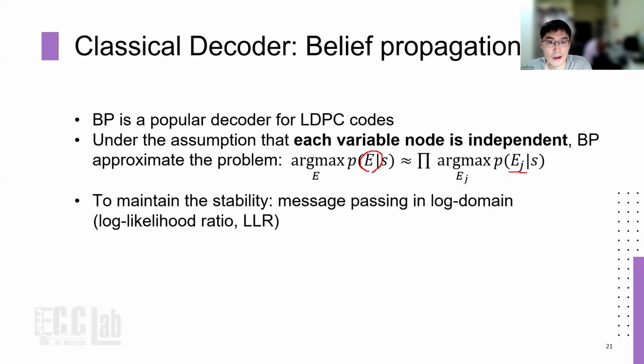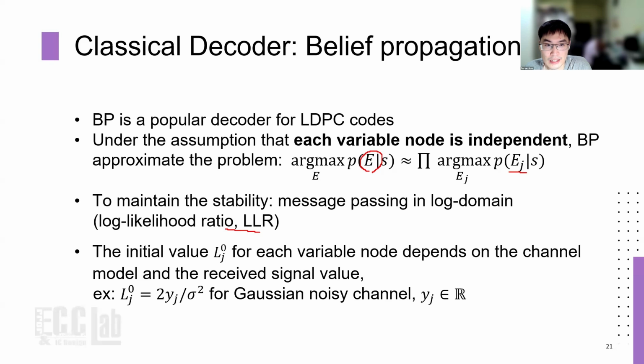In practice, we usually compute the message using a log likelihood ratio to maintain numerical stability. The initial LLR value assigned to each variable node depends on the channel model and the received signal value. For example, for a Gaussian noise channel, the initial LLR value is 2 times the received value divided by the variance.